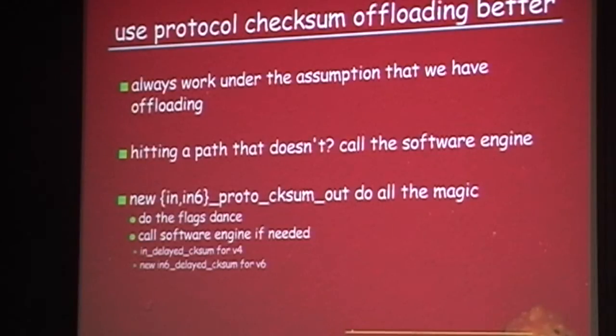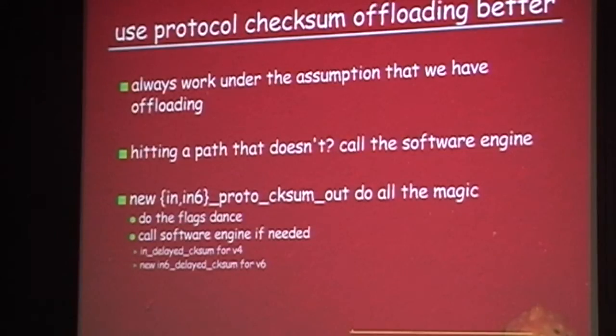All this magic is in the new functions, in_proto_cksum_out and in6_proto_cksum_out. Basically what they do is they check the flags. If there's checksumming needed, they either call the software engine or pass it on to the hardware with the right flags set to request the checksum from the hardware.